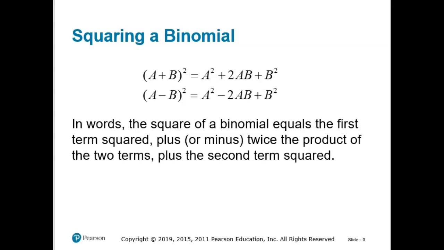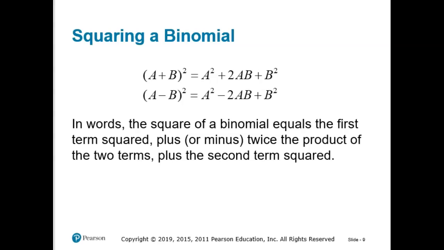When you're squaring a binomial, you can remember this formula, or you can always jump back to FOIL and make sure that you are all set. It doesn't matter at all if you want to memorize this or if you would like to use FOIL. The biggest thing to remember if you're squaring a binomial is you square the first term, then it's 2 times the a and the b, and then it's b squared.